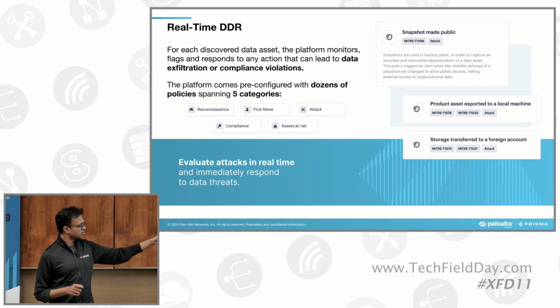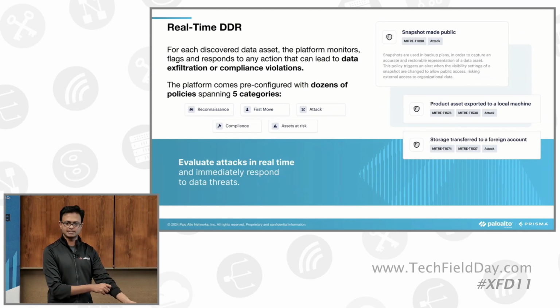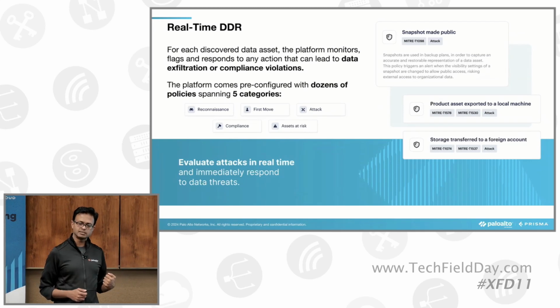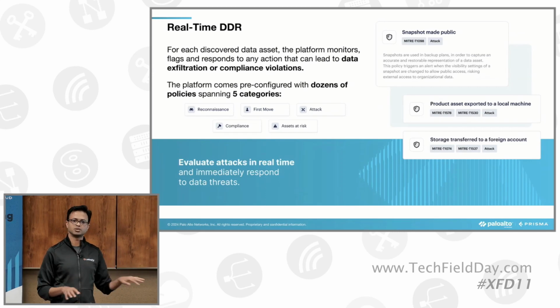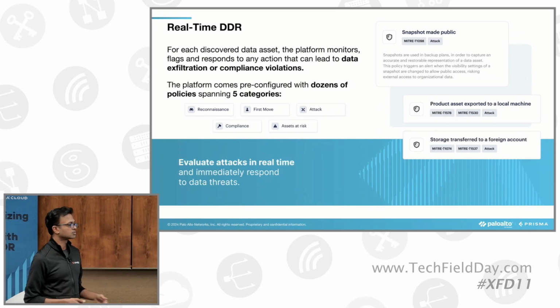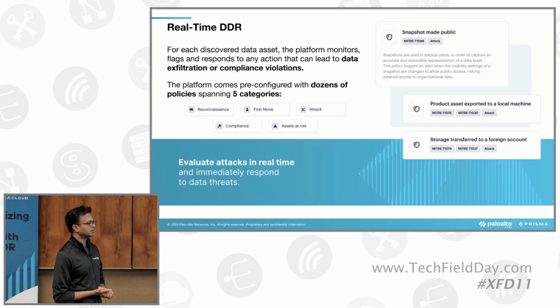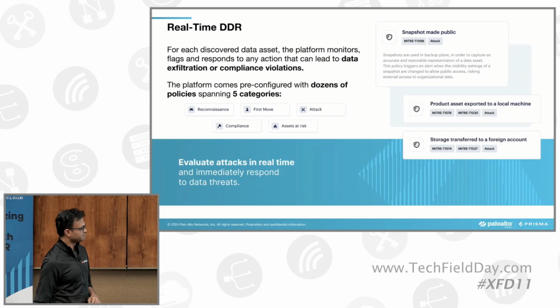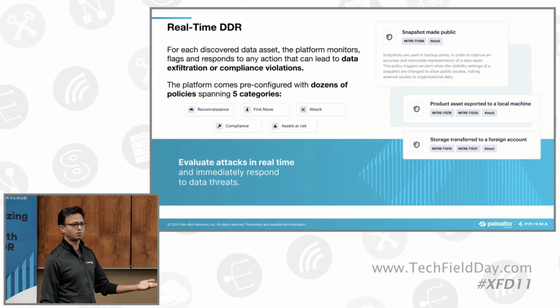Before the user can actually attack the asset or exfiltrate the data, you can take the next step of going back and quarantining the user, or ensuring that the instance or the user responsible for this is quarantined from making the next step.